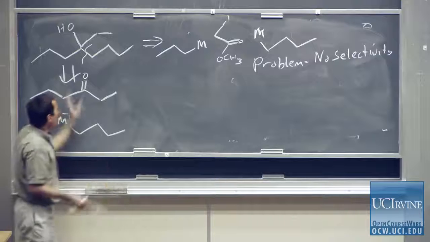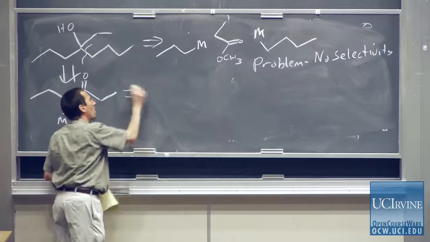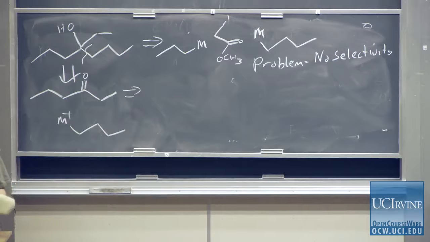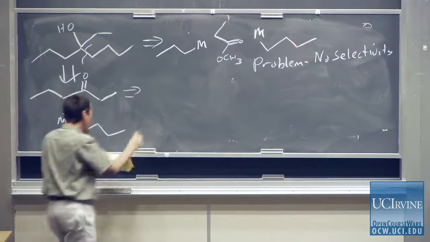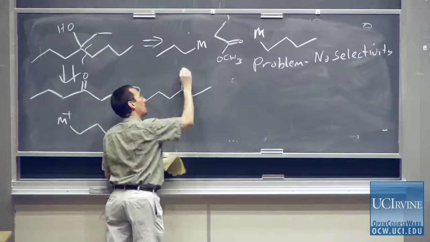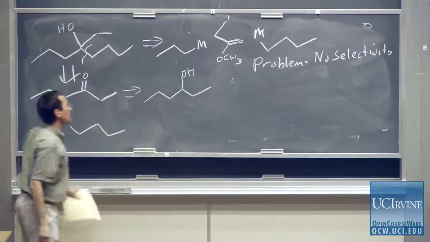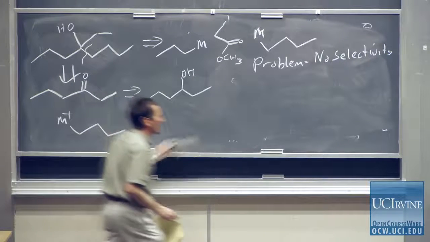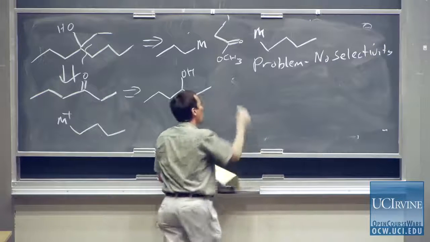But then I'd need a way to make this ketone. We've only learned reactions that form carbon-carbon bonds to make alcohols at this point in this course. So I could imagine making that ketone by oxidation of the corresponding alcohol, 3-hexanol. Right now, I'm not going to worry which reagent to use, whether chromium trioxide, potassium chromate, whatever.